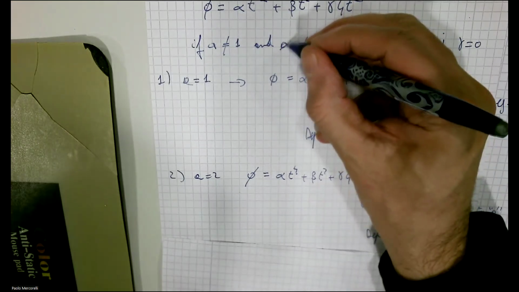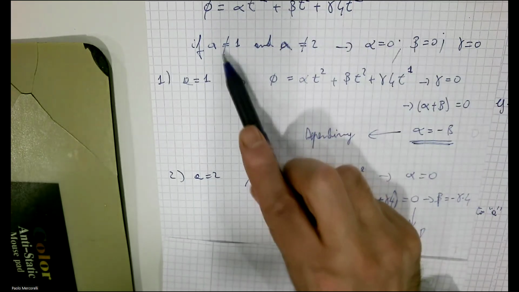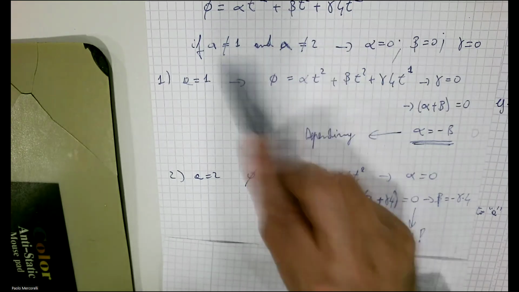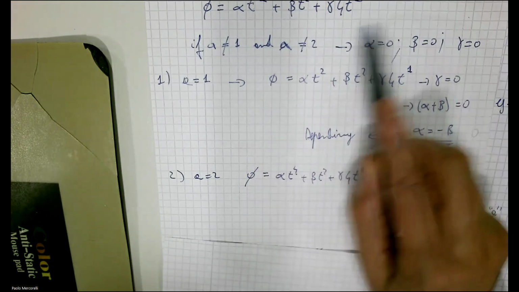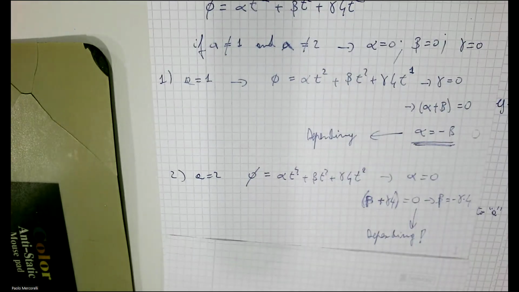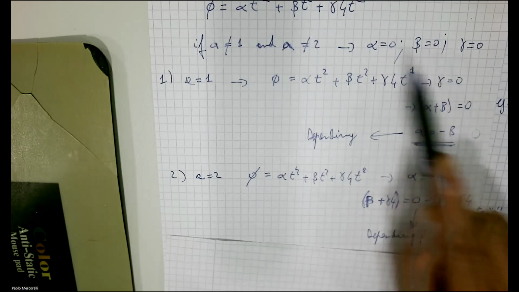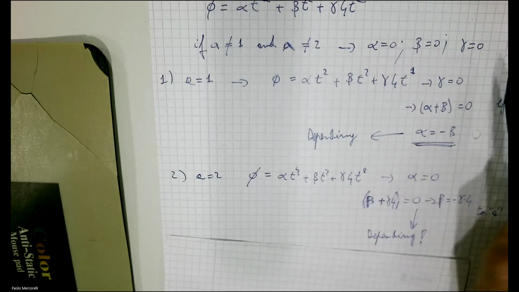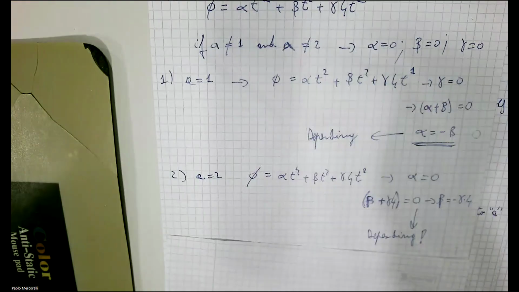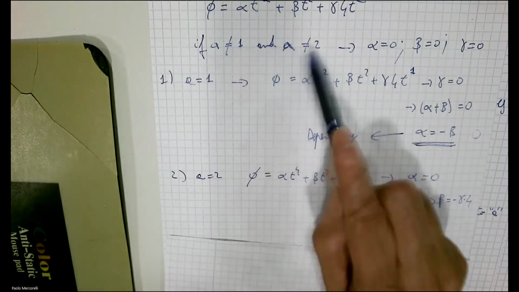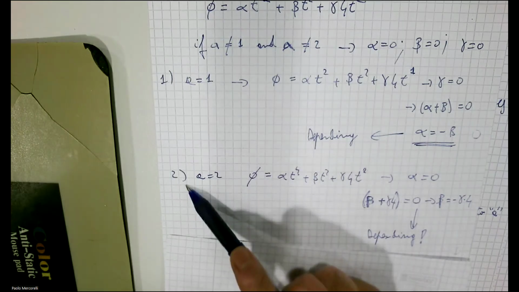A: you have 2 cases. In the case A not equal to these, in this case we have independence. I didn't write it, but it's clear from the definition. All elements must be 0 because we don't have any correlations. This is the idea. Just in these 2 cases, 1 and 2, we have a correlation.